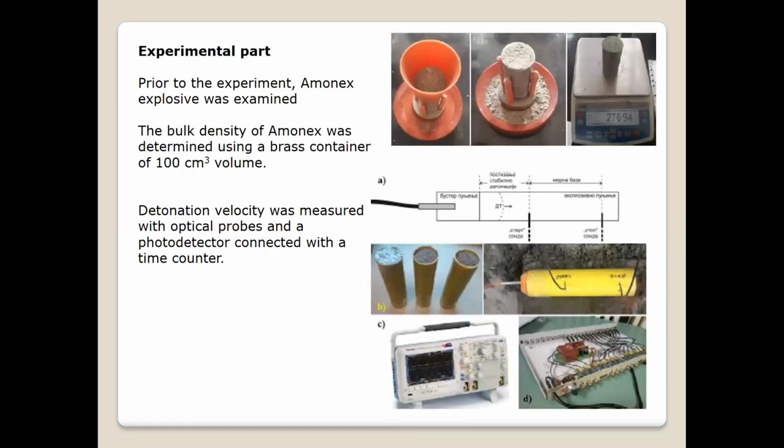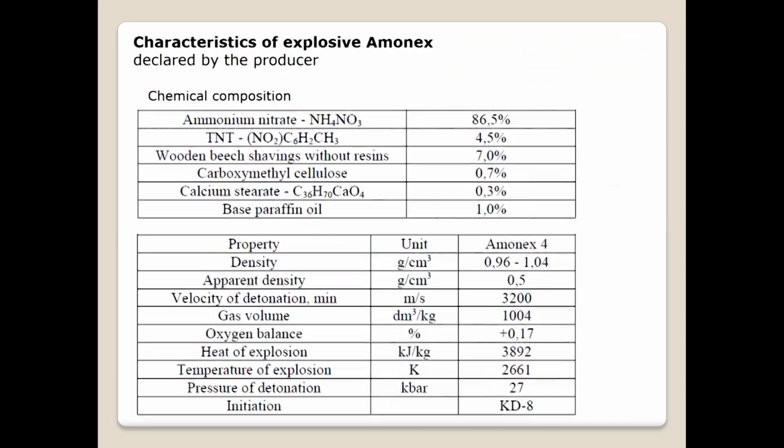First, before we started the experimental procedure of the welding process, we tested the properties of the Amonex explosive. We wanted to experimentally confirm the properties. First, we measured the bulk density, and the second thing that we measured was the velocity of detonation.